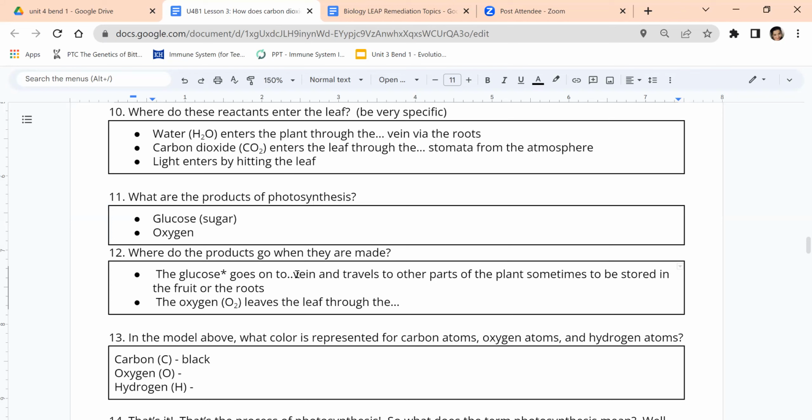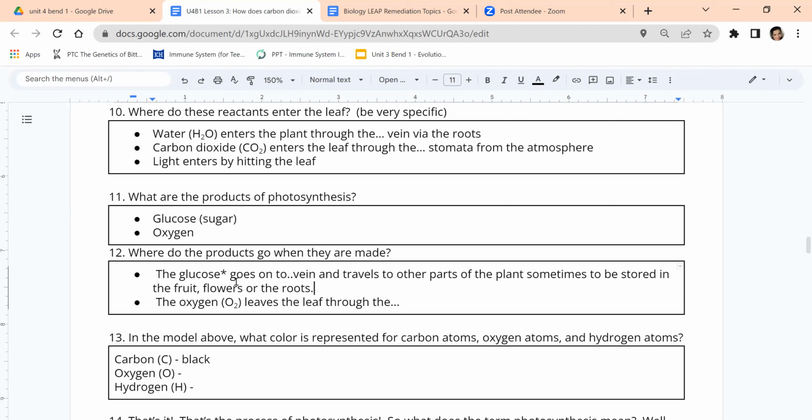And just think about that when we eat a plant, most of the time what we're eating are the fruits and the roots or the flowers. Like a potato and a carrot are roots. And that's just all glucose that we're getting when we eat those parts of the plant.